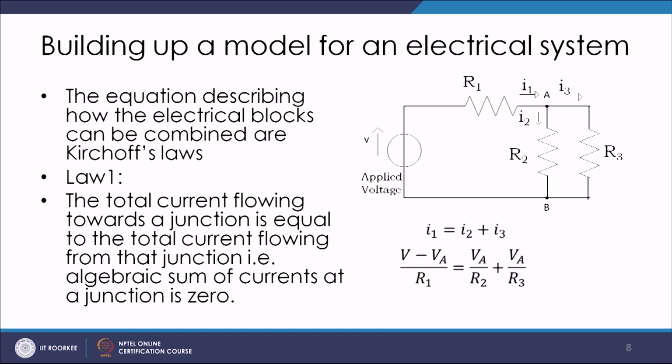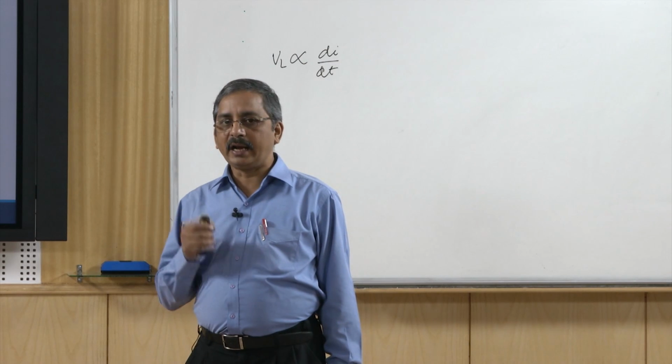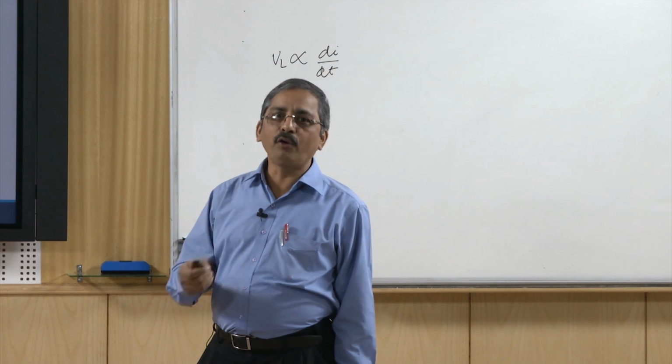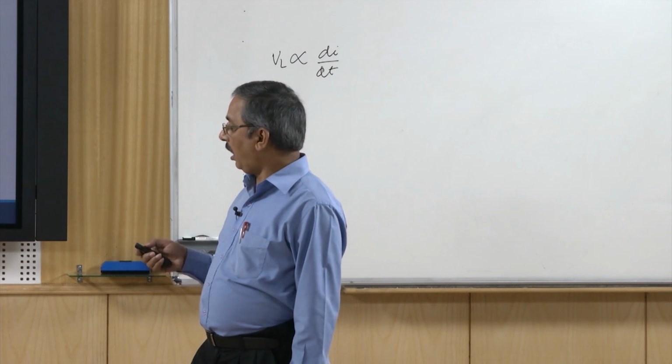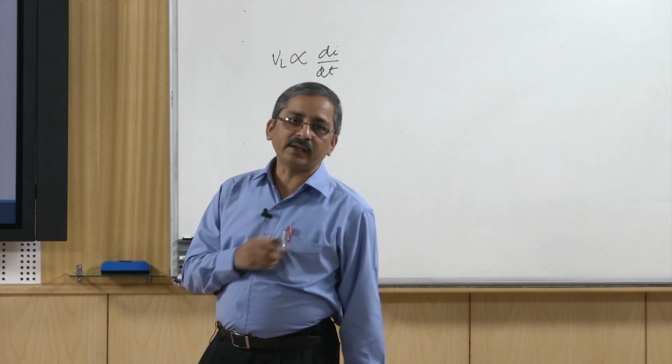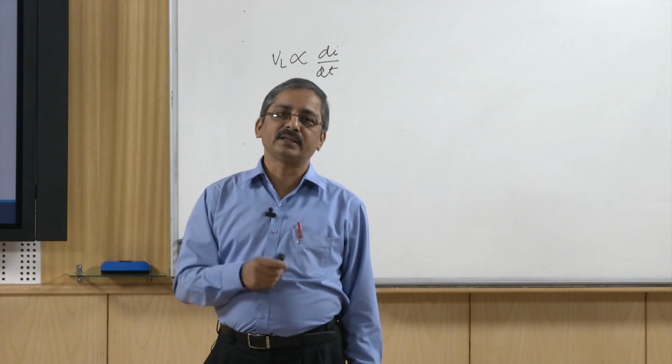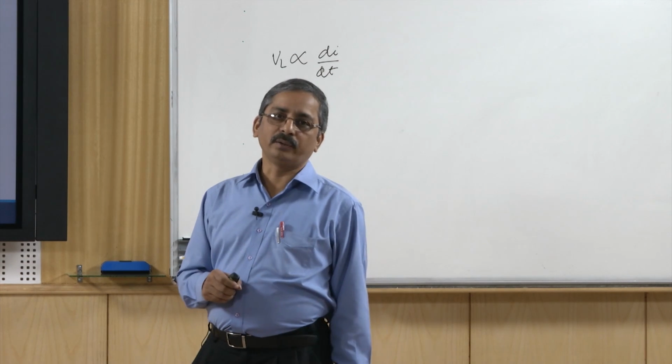So, Kirchhoff's first law tells that the total current flowing towards a junction is equal to the total current flowing from that junction, or we can say in other words that the algebraic sum of currents at a junction is equal to 0.